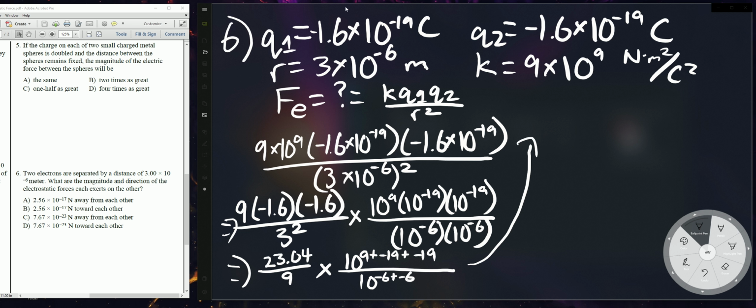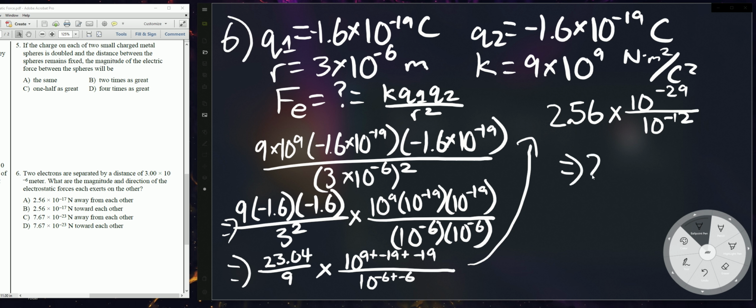So 23.04 divided by 9 is going to give you 2.56 times 10 to the 9 plus negative 19 plus negative 19, which is negative 29. And 10 to the negative 6 plus negative 6 gives you 10 to the negative 12.